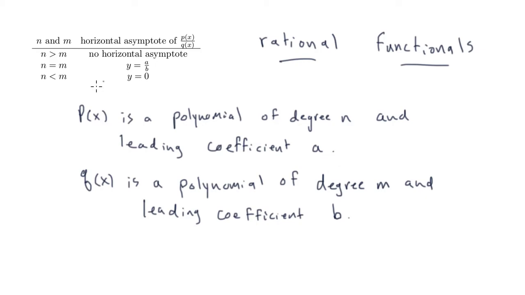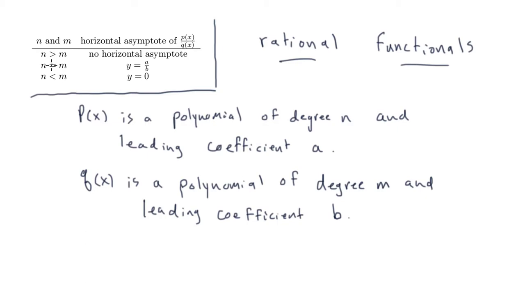Okay, so this table here summarizes the end behavior of these rational functions, or in other words, it gives the horizontal asymptotes of these rational functions. And recall that a rational function is just a quotient of two polynomials. And here we're just saying the polynomial in the numerator is p of x, and the polynomial in the denominator is q of x.